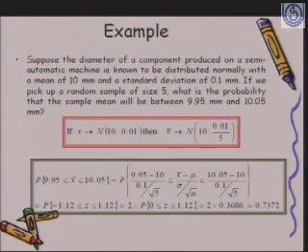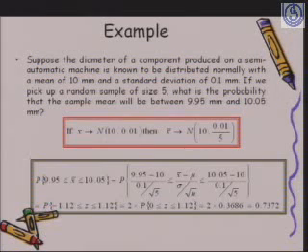So if I am interested in calculating the probability from minus 1.12 to plus 1.12, I can split it into two parts: minus 1.12 to 0 and 0 to 1.12. Since it is a symmetric curve, there is no need to calculate both these probabilities. The area under the curve on both sides would be equal. That is why we have multiplied it by 2.